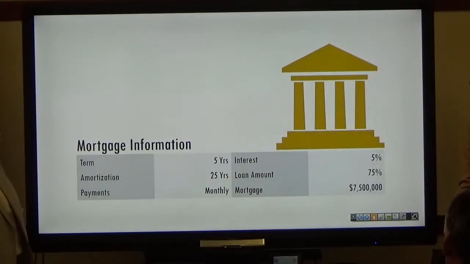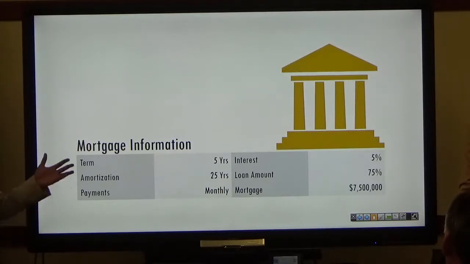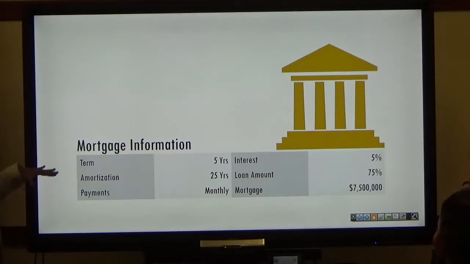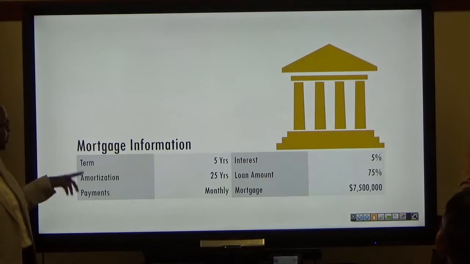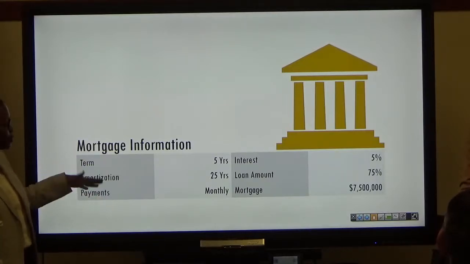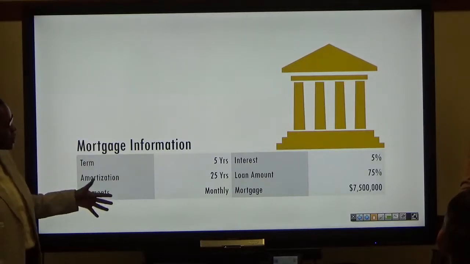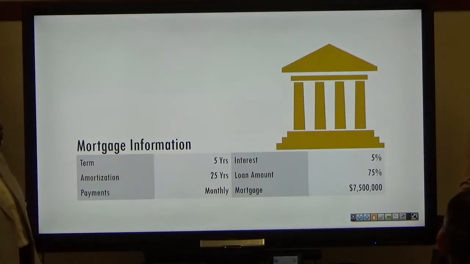The mortgage information, basically, we just wanted to keep everything clean and simple. Makes no sense to read off the numbers because everyone had the same numbers, but we just presented it in a clean format so that there's a lot of space and people's eyes can be drawn to the basic information that's necessary, like the 5 years, the amortization period, the type of payments, and so forth.